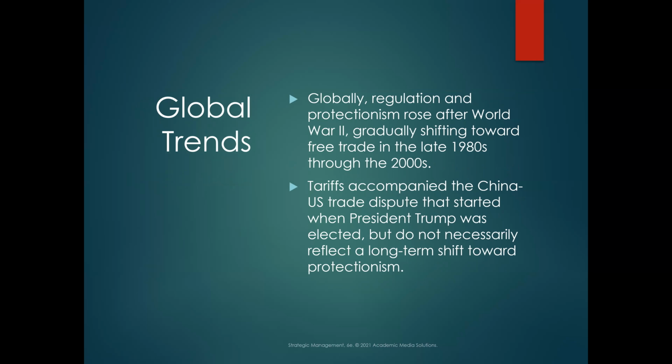And globally, we can see that there was a rise of regulation and protectionism after World War I. Although it gradually shifted toward free trade in the late 1980s through the 2000s, in more recent years we have witnessed protectionism start to rise again, especially the U.S.-China trade dispute in recent years.